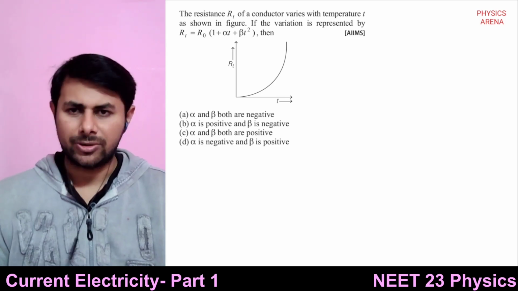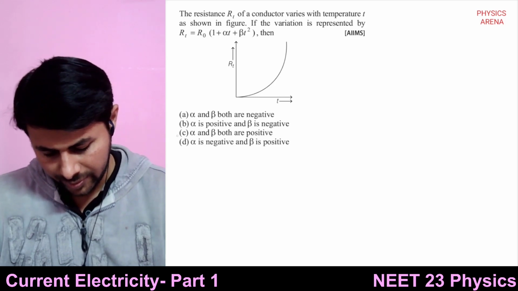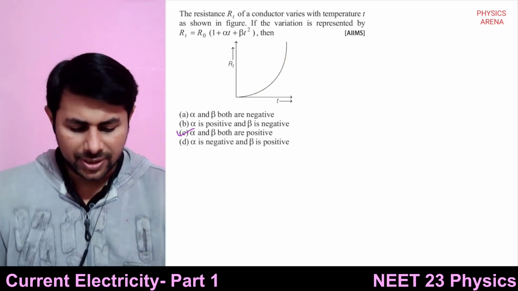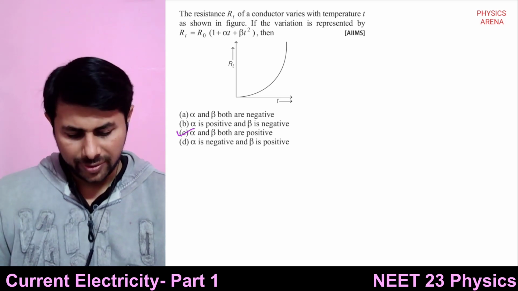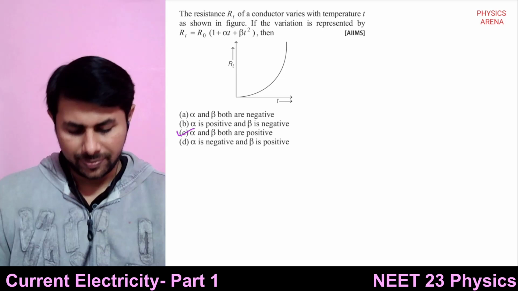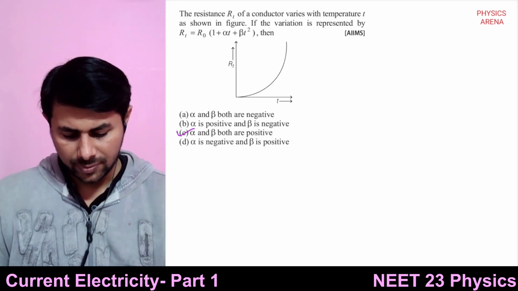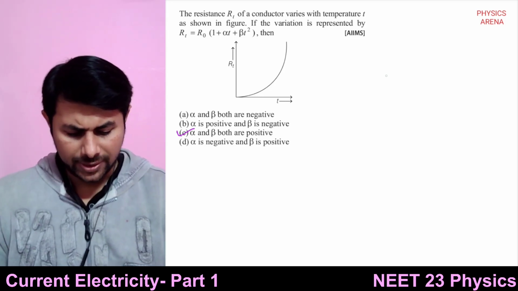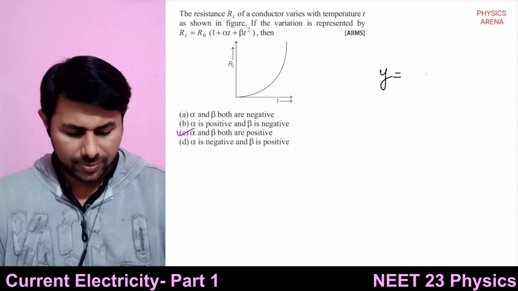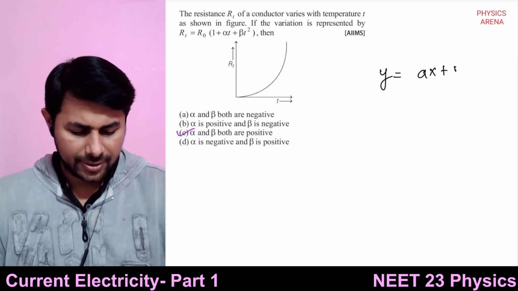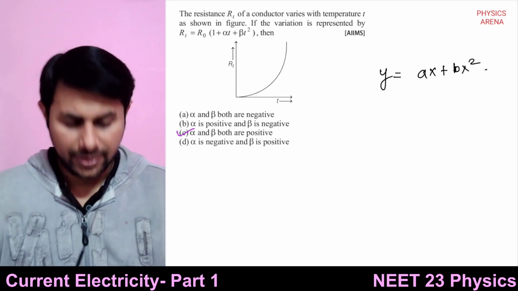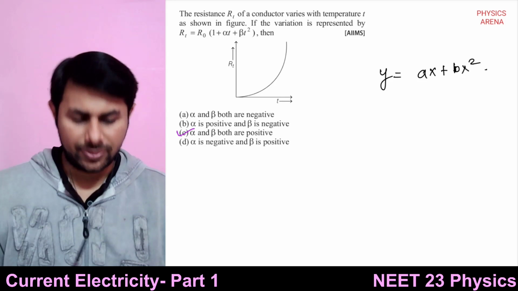Alpha and beta both are positive. Good. Because we have seen such kind of a curve. This is a parabola, and the general equation of a parabola is y equals ax plus bx square, where a and b both are positive.